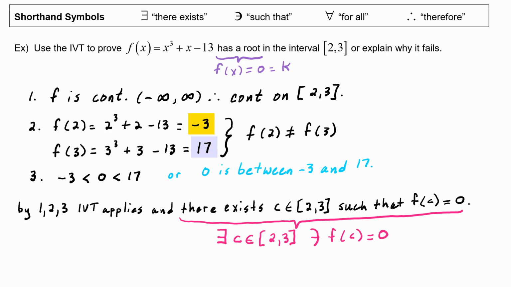And the reason we know that is because we have a continuous function on our interval. So the only way to get from a negative y value to a positive y value on a continuous function is that somewhere you have to pass through y equals 0. And the place where that happens is at x equals c.